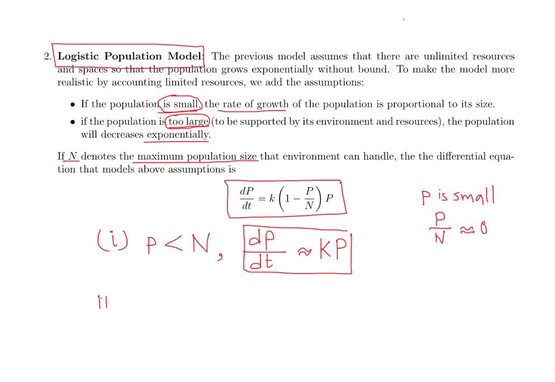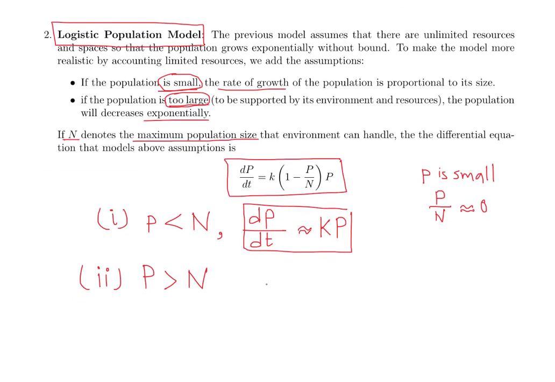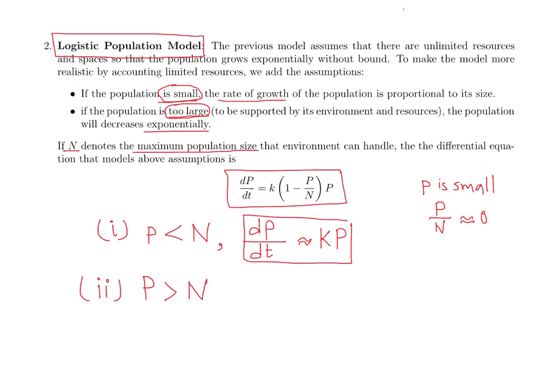The second assumption, if the population is too large to be supported by the environment, so that means p is bigger than N. Okay, so bigger than N, it's too large. Then what is the growth rate? So you can see if p is bigger than N, then p over N is bigger than 1, right?